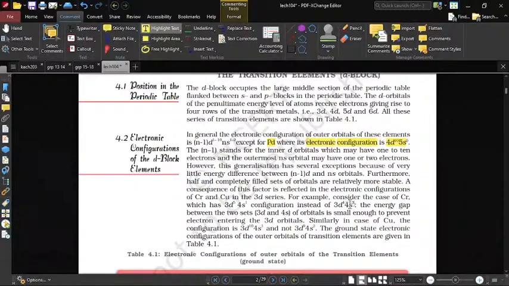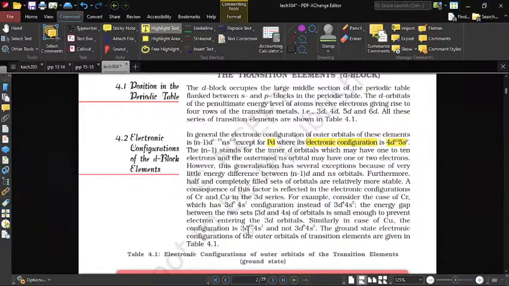For example, consider chromium, which has a 3d5 4s1 configuration instead of 3d4 4s2. The energy gap between the two sets of orbitals, 3d and 4s, is small enough to prevent electrons entering the d orbitals. Similarly, in the case of copper, the electronic configuration is 3d10 4s1 and not 3d9 4s2.